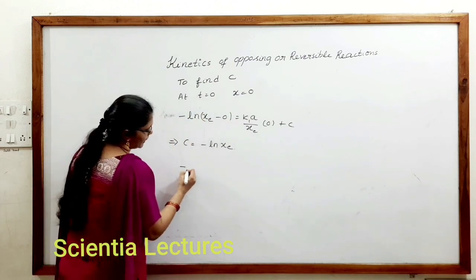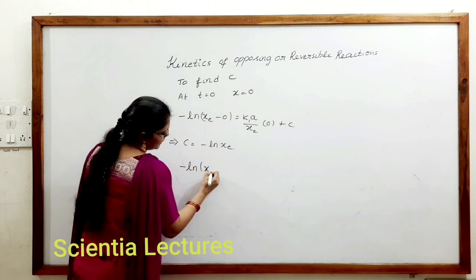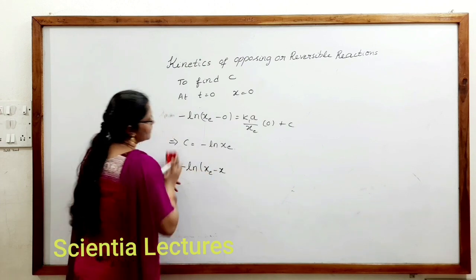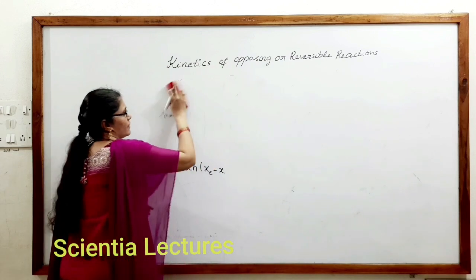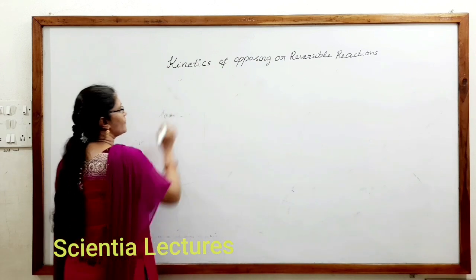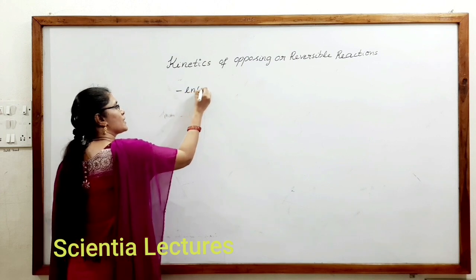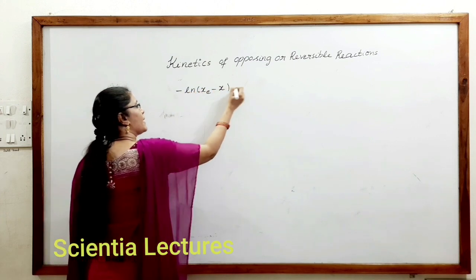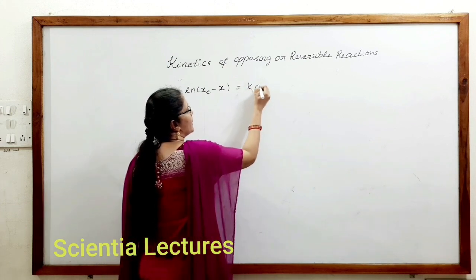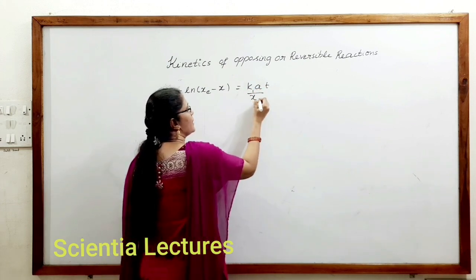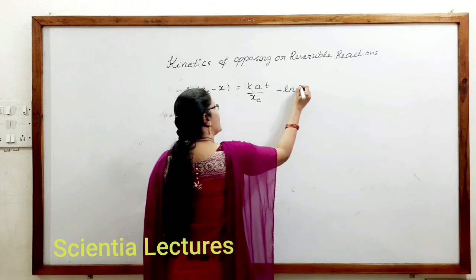What we will get? Minus ln (Xe minus X), substituting c as minus ln Xe. What we will get if you substitute in that? Minus ln (Xe minus X) must be equal to K1 A t by Xe minus ln Xe.